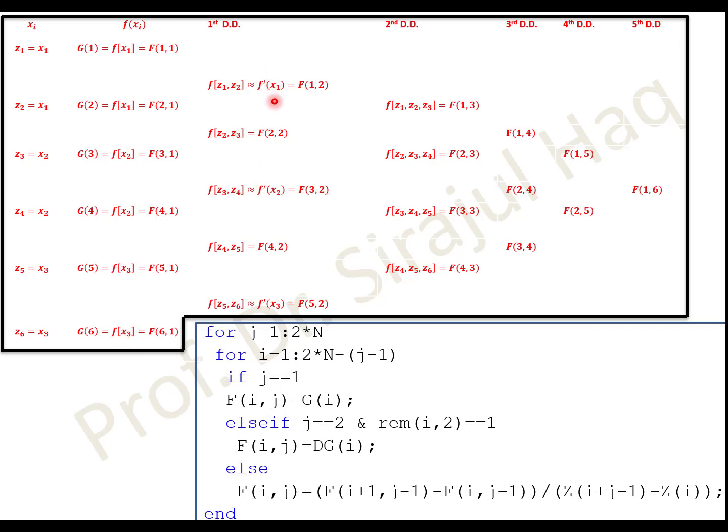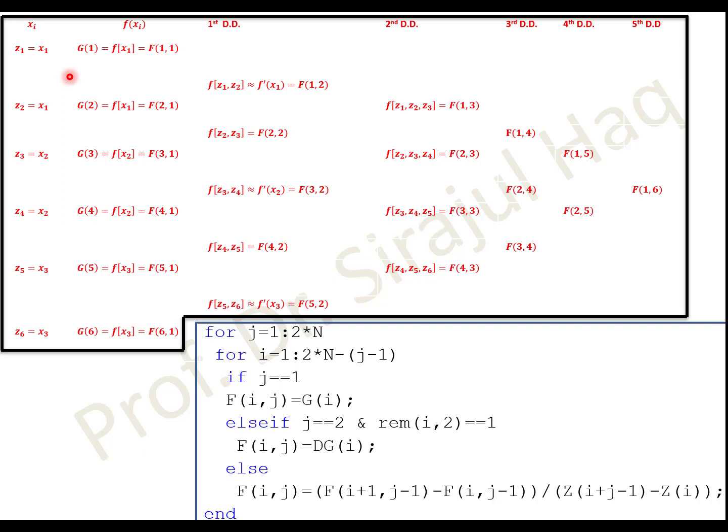Now let's come to this one. Changes are here. First, divided differences. This is f of z2 minus f of z1 divided by z2 minus z1. In other words, f of x1 minus f of x1 divided by x1 minus x1, which is 0 by 0 form. We are in trouble.